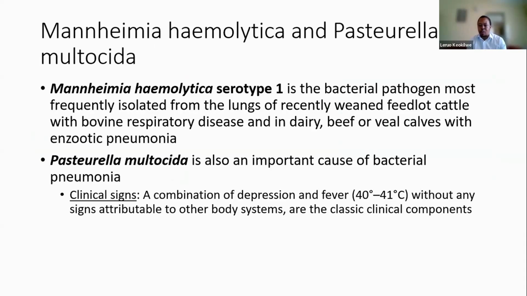I will focus on the ones which are very closely related or can cause confusion when we see lesions of CBPP, whether in the field or in the abattoir. But really, we are talking just lung lesions or pneumonia that presents.